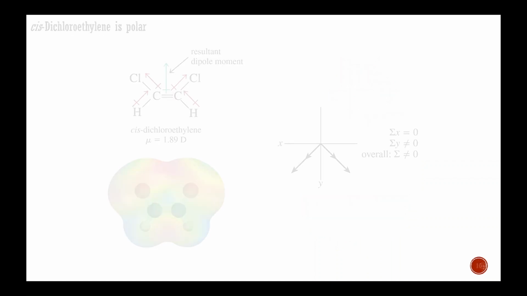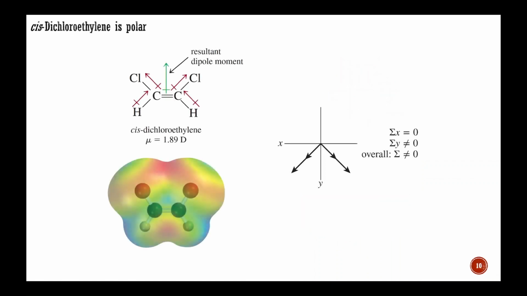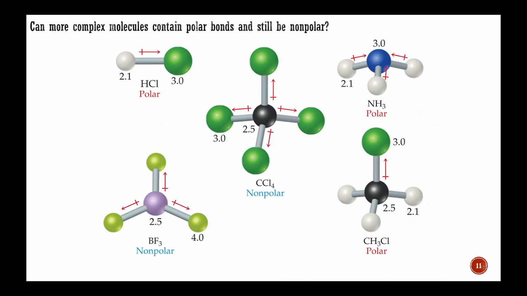In strong contrast, the bond dipoles in the cis isomer do not cancel one another. Therefore, cis-dichloroethylene is polar. Because of the difference in polarity, these two isomers can easily be distinguished experimentally by measuring the dipole moment.